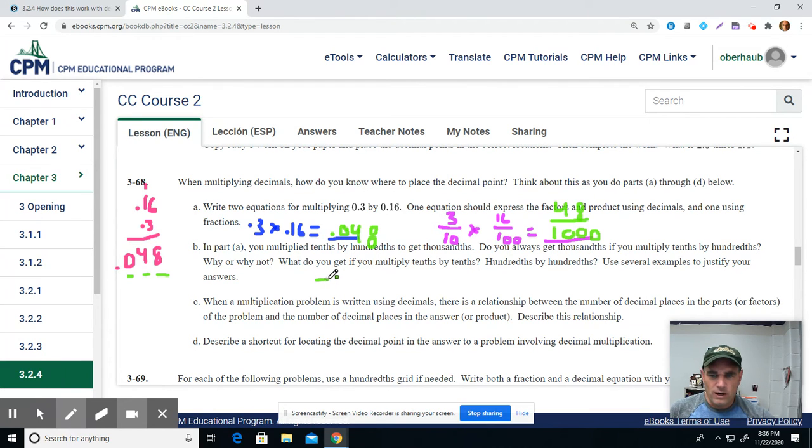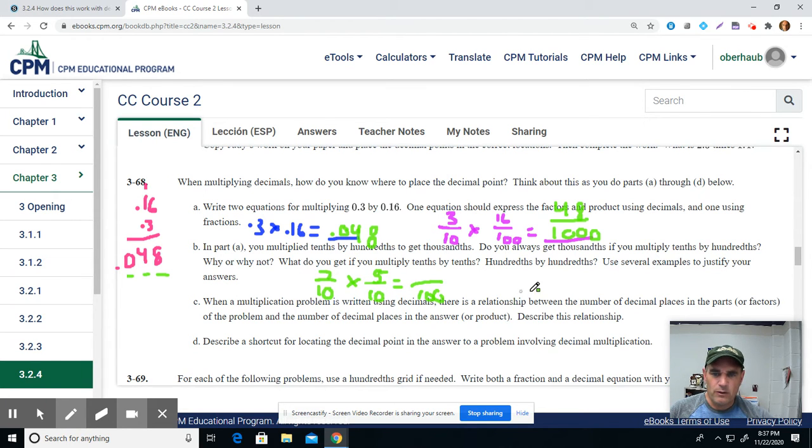So no matter what, if I multiply some type of fraction that has a 10 in the bottom by another tenths, so there'll be another 10 in the bottom, well, guess what? I will always get something that's in the hundredths, because look what happens here on the bottom. So let's say we had 7/10 times 5/10.